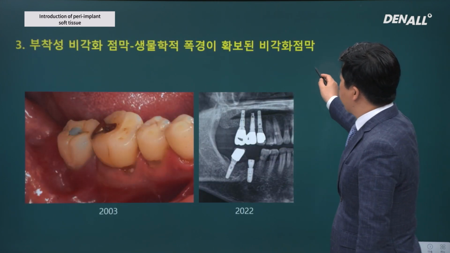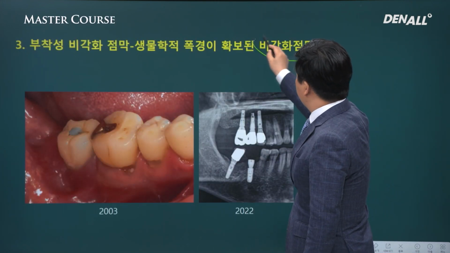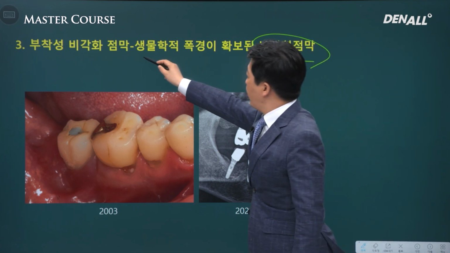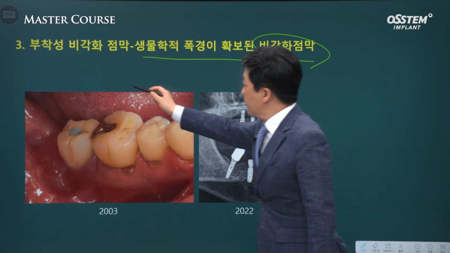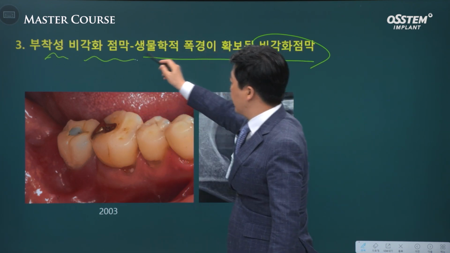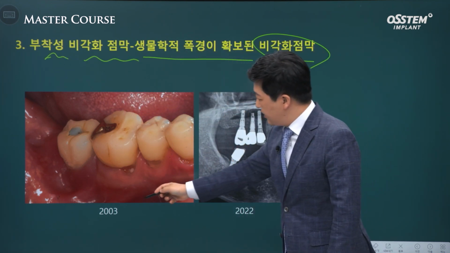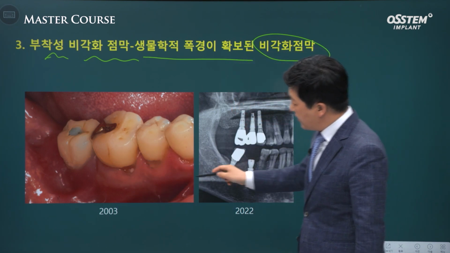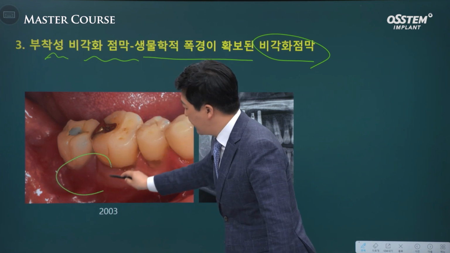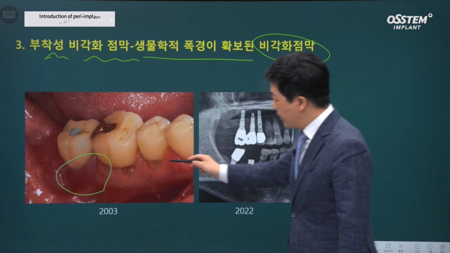Third, it is non-keratinized tissue, but this is with biologic width. Attached non-keratinized mucosa. This patient came to my dental clinic in 2013. It always looks slightly reddish, almost as if there is inflammation.